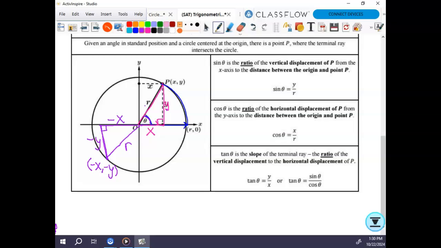It's kind of what I'm getting at here. If you can't remember if sine is y over r or x over r, this is theta. Opposite over hypotenuse is y over r. That's where it's coming from. It's still just SOHCAHTOA as always. Cosine, x over r, adjacent over hypotenuse. Tangent, y over x, or sine over cosine.